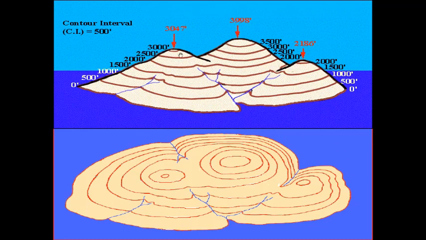Since the peak is right at the top, if you go a little bit down, then the land is such that the same elevation is available on all the peaks. So you get lines which look something like this. And if you don't have this, like if you're watching it from the top, like a satellite image, then you won't be able to decipher that you have three distinct hills.